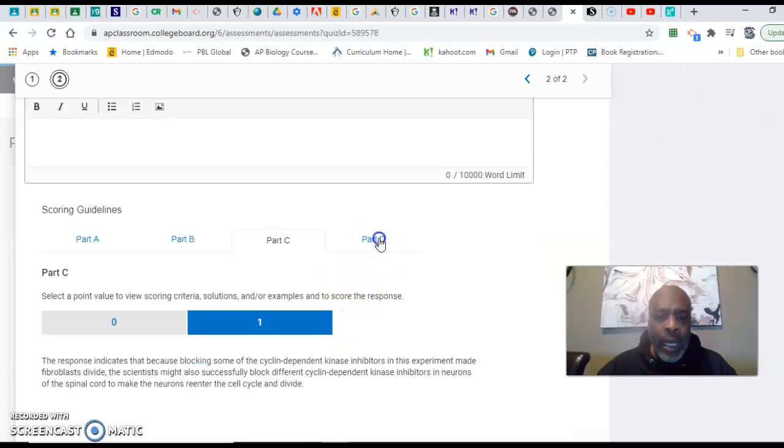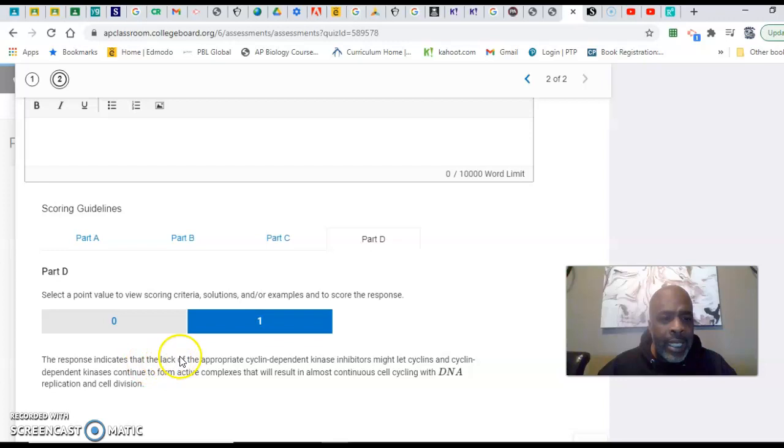Let's see how they word it here. It says the response indicates that the lack of the appropriate cyclin-dependent kinase inhibitors, which are 18, 21, and 27, apparently from this data, might let cyclins and cyclin-dependent kinases continue to form active complexes that will result in almost continuous cell cycling, with DNA replication and cell division.